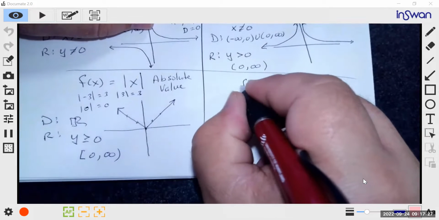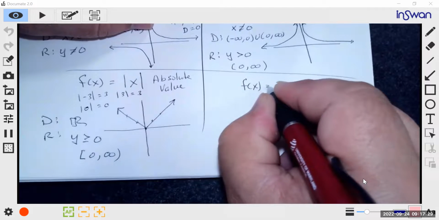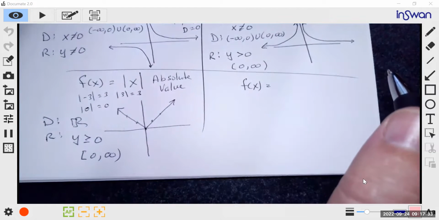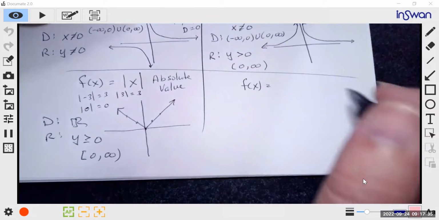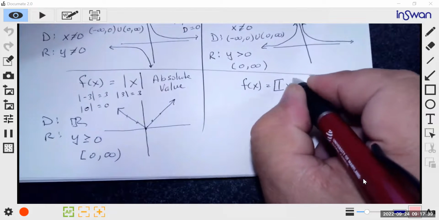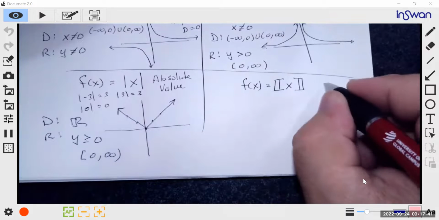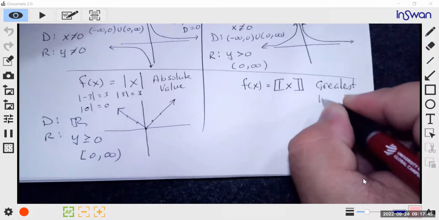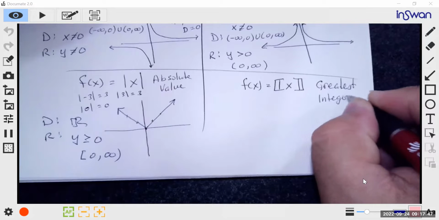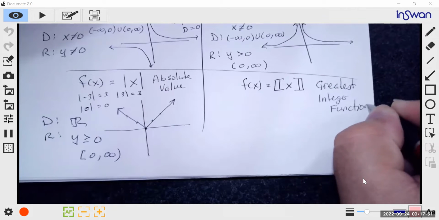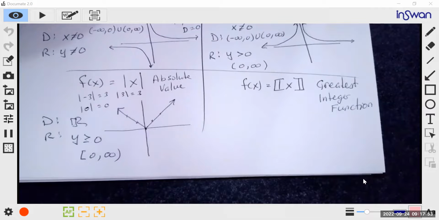And the last one we're going to talk about, because the other two we'll talk about later in chapter 6, exponentials and logarithmic, is called the greatest integer function.